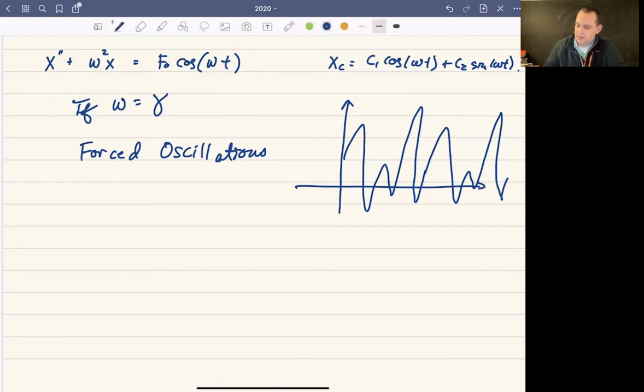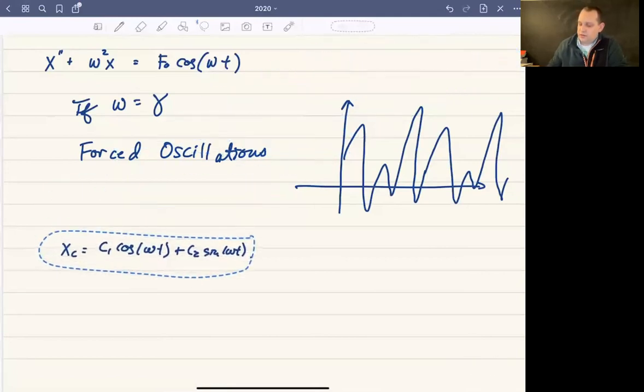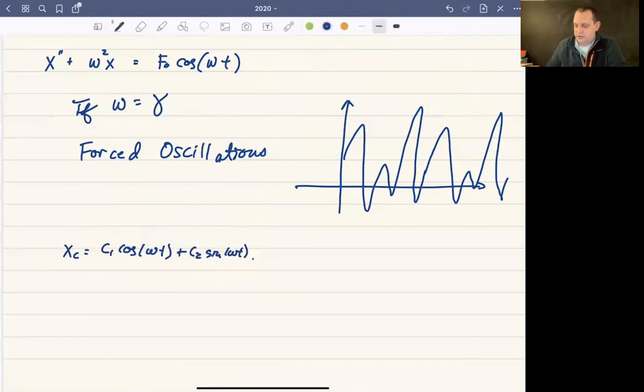You're going to have the same complementary solution, but now you're going to have a particular solution that would look very similar, if we didn't add another term in front. So you could have a times t cosine of omega t plus b times t sine of omega t.